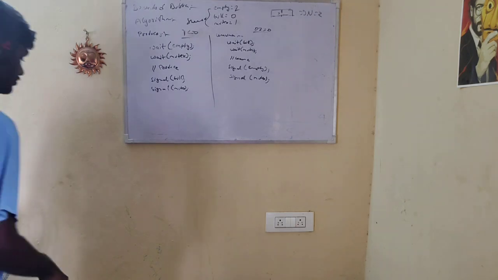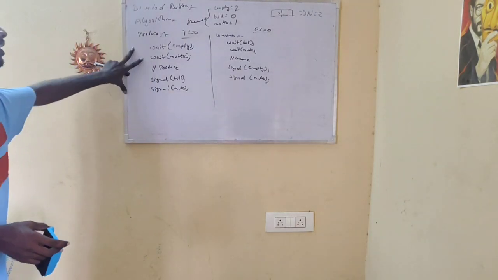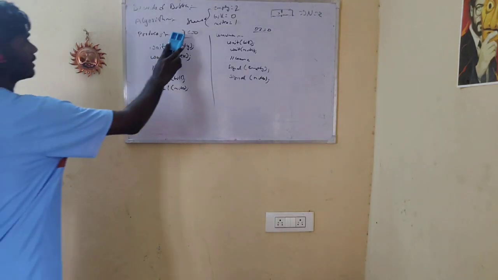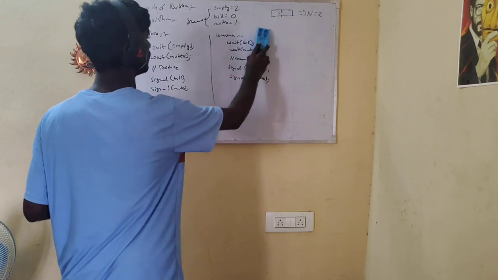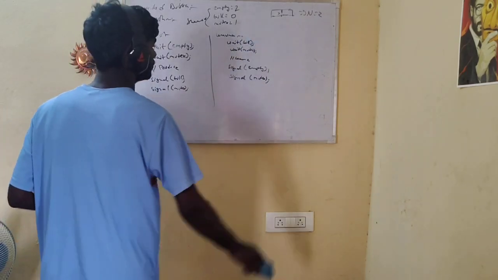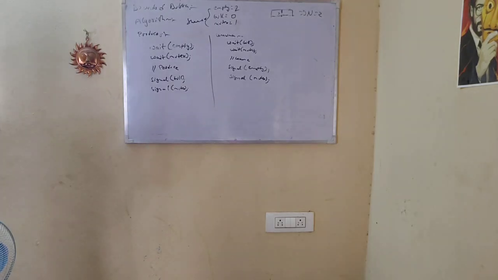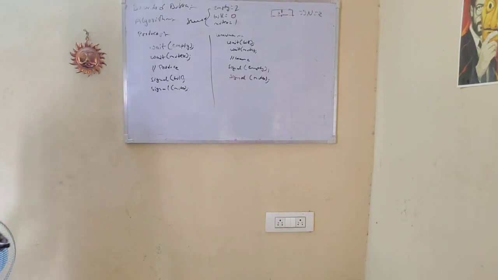So this satisfies our conditions: the producer cannot produce any more data once the buffer is full, and the consumer cannot consume any data once the buffer is empty. This algorithm completely follows those two conditions. So this is the bounded buffer problem.